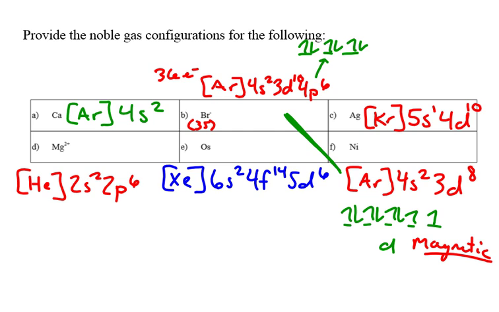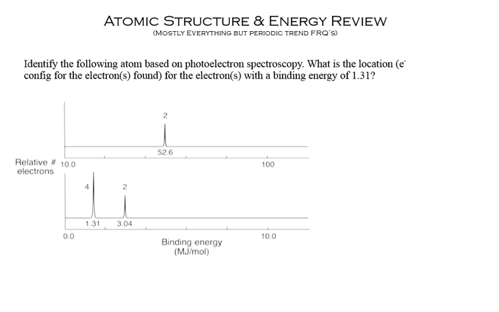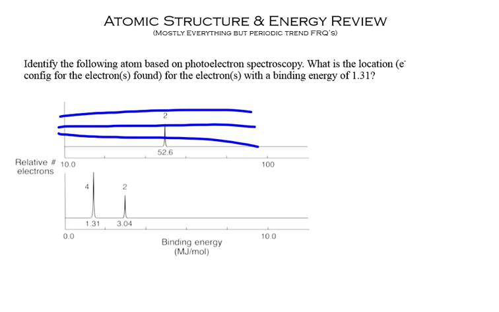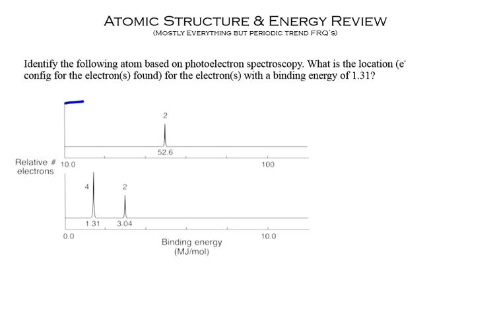All right, last problem. We're doing great on time. You will have a photoelectron spectroscopy graph, at least one. Sometimes they have lines, and that helps.